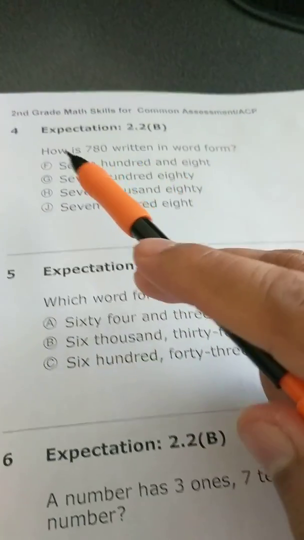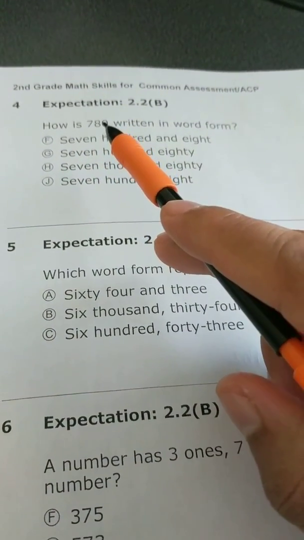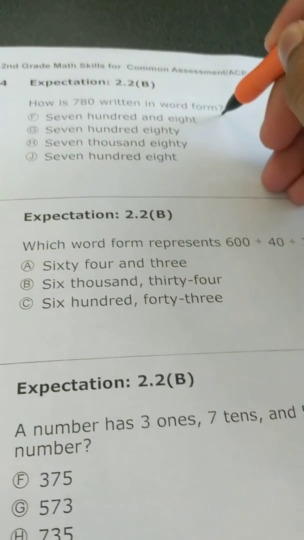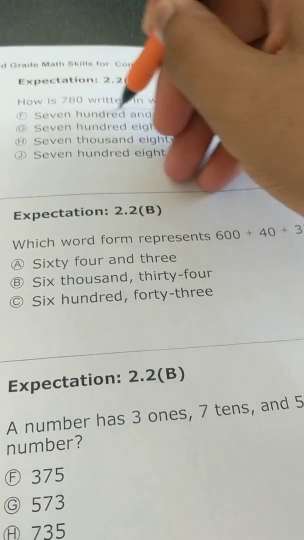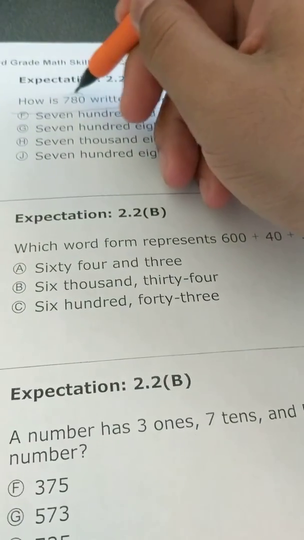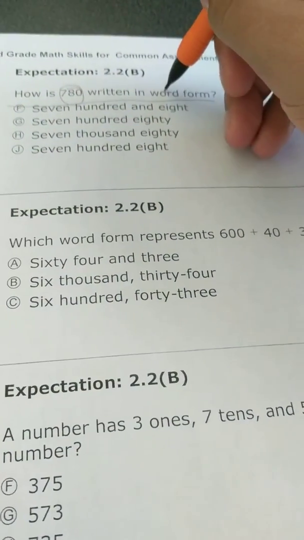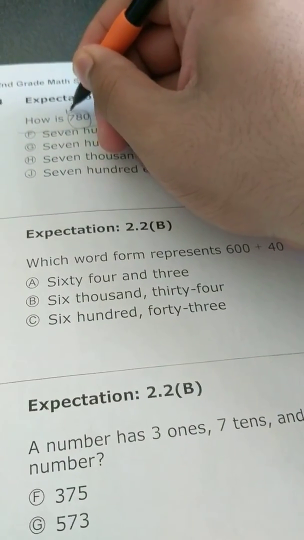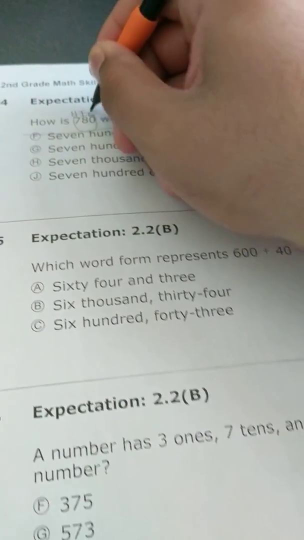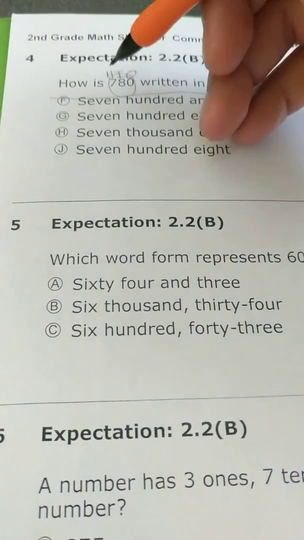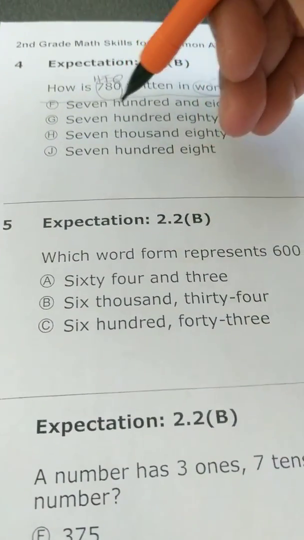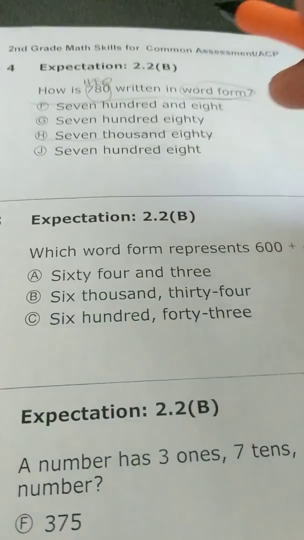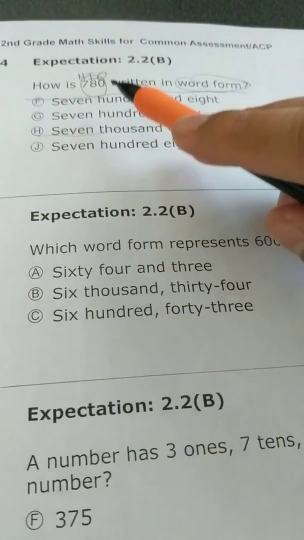Number 4. How is 780 written in word form? 780 word form. Hundreds, tens, ones. Okay. 700. Let's eliminate 700, 7,000. This is wrong. 8 tens, 0 ones.